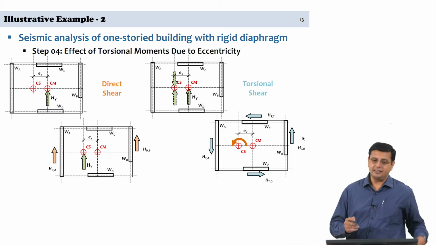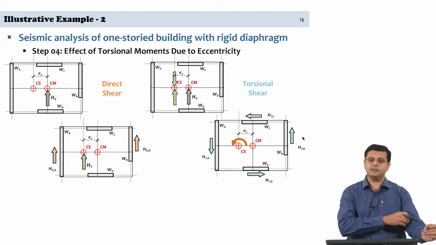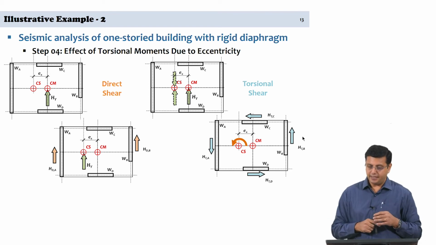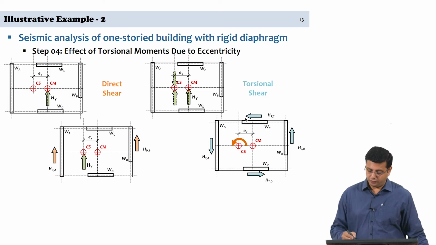Which means that a rigorous estimate of the center of stiffness is essential to be able to check the directionality of the torsional shear as well. So, the 4 torsional shear forces, HTA, which is the torsional shear corresponding to wall A, HTB, HTC and HTD now need to be estimated.